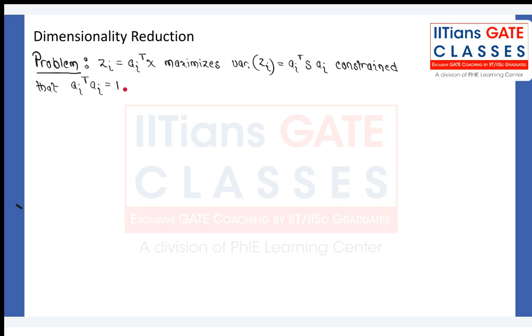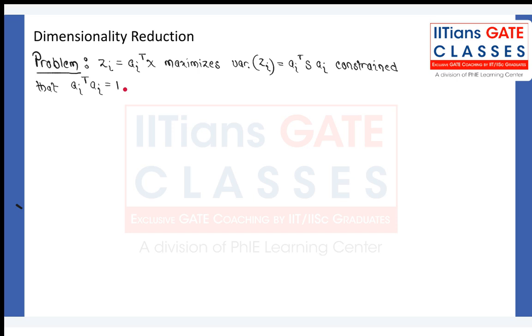And when you want to do maximization in terms of a constraint, we use something called the Lagrange multiplier. I expect some background, guys. If you don't, please read about Lagrange multiplier. It's a very small, easy concept. It's just maximization in terms of a constraint.